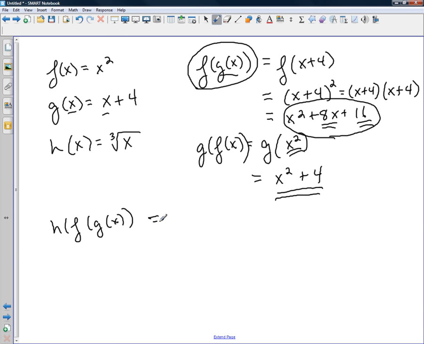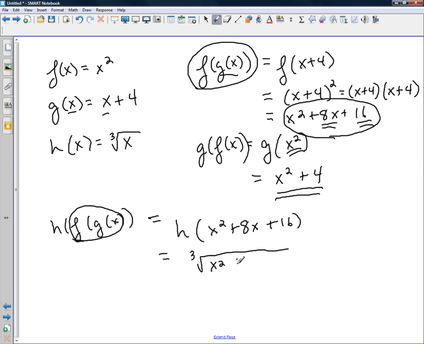So let's take that and apply the h rule to it, x squared plus 8x plus 16. And the h rule says take the cubed root of whatever you've got. So it's the cubed root of x squared plus 8x plus 16.